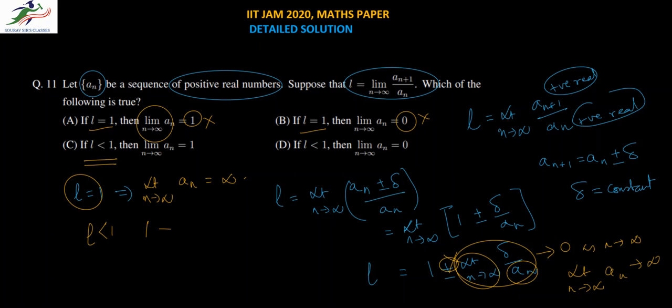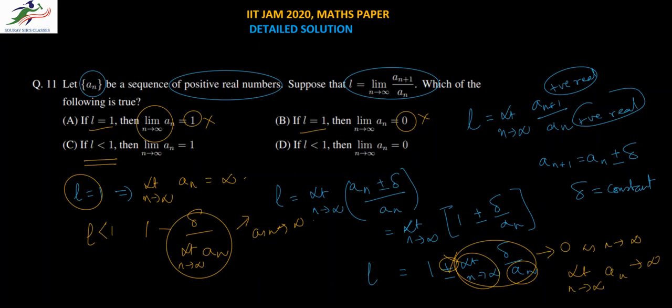So it would be 1 minus delta over limit n tending to infinity of an, and this would mean that the second term, delta over limit n tending to infinity of an, will increase as n tends towards infinity.